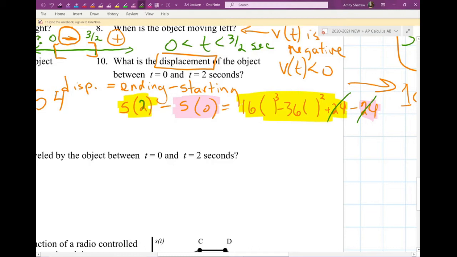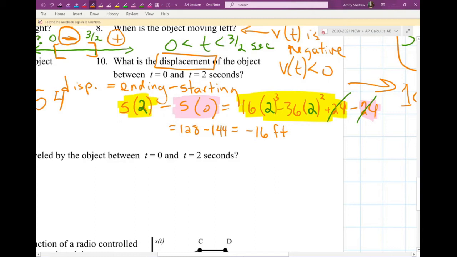And by the way, when I plug in a 2 here, I get a 2 there, I get a 2 there, and what do I end up with? What I end up with is 2 cubed is 8, 8 times 16 is 128, and 36 times 4 is 144. And when I calculate that, what I end up with is negative 16 feet.